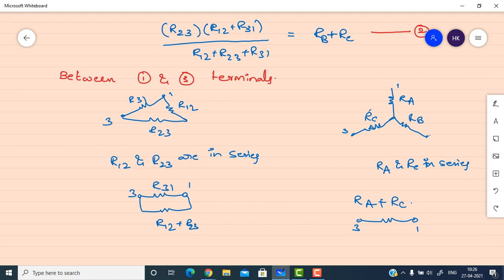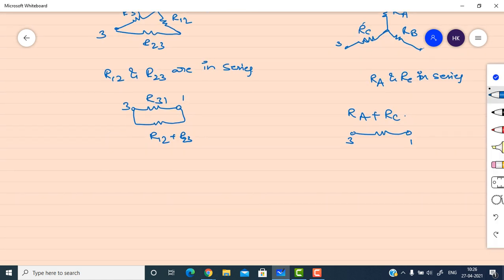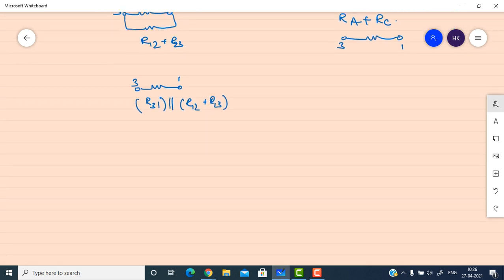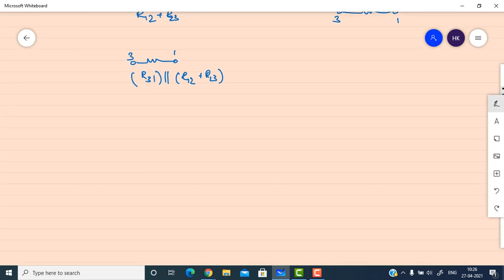But in the case of delta, what will be the value between the 1 and 3 terminals? These two are in parallel: R31 in parallel with R12 plus R23. So equate the two equivalent resistances in the case of delta and star, and I will get another equation.